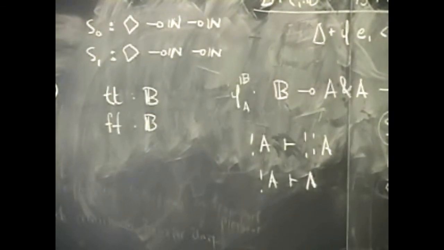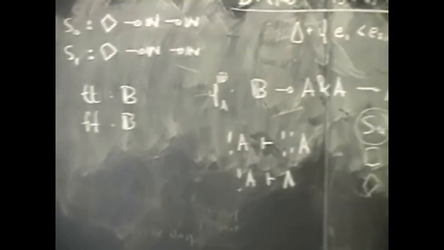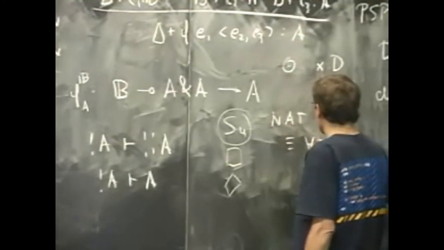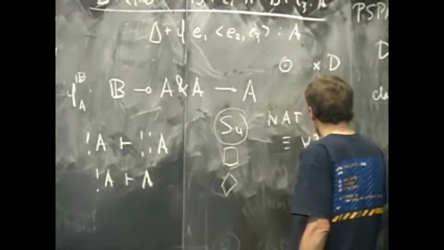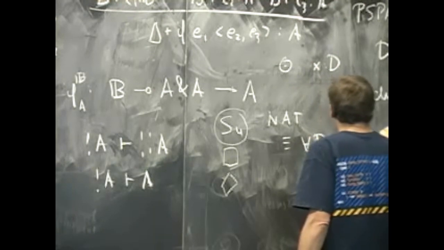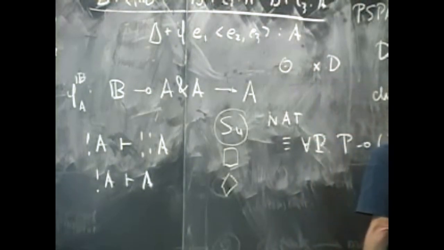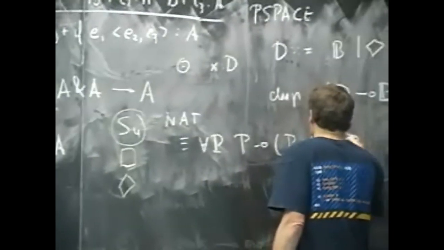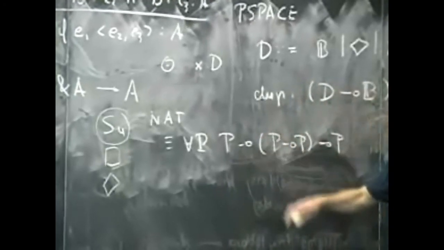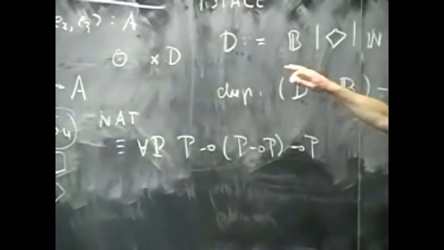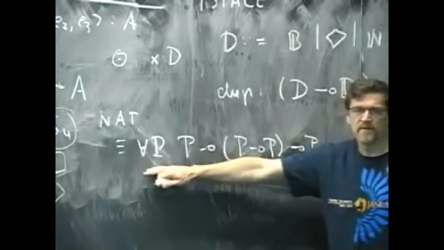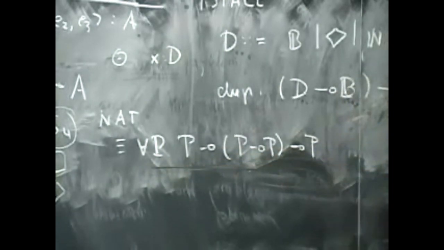We always ask this question with respect to encoding, where something like nat is defined as for all propositions P, P arrow P arrow P arrow P. So we define the natural numbers, the data types, not by constructors and iteration, but in some kind of higher-order way.